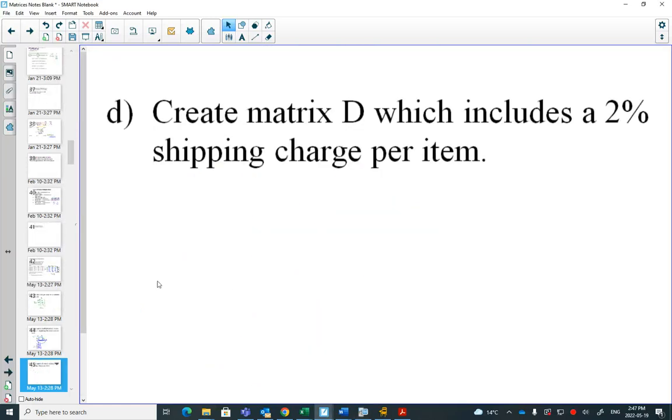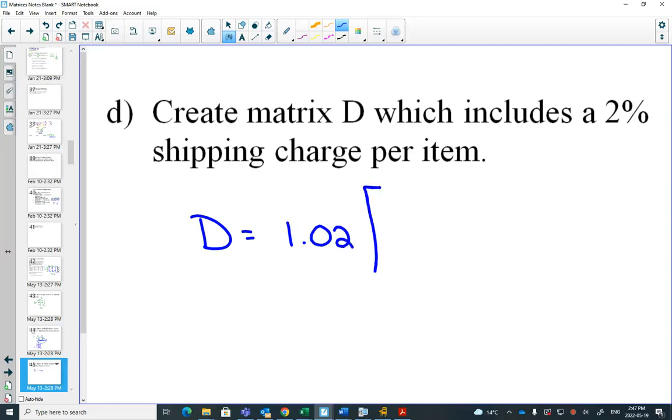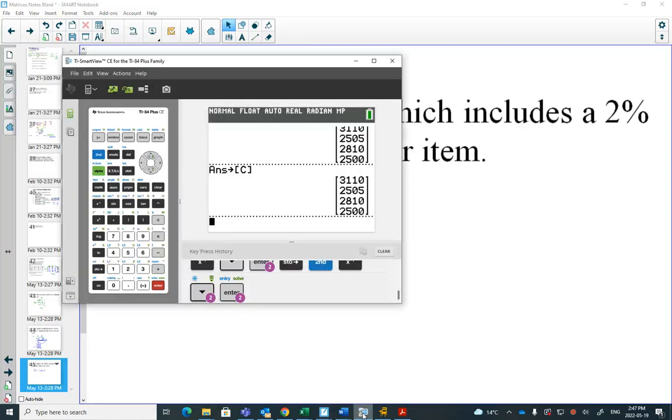A 2% shipping charge. Does it make sense that matrix D would take matrix C, and to add 2%, you would have to multiply 1.02 times matrix C? So how could I do that quickly and easily on my calculator?